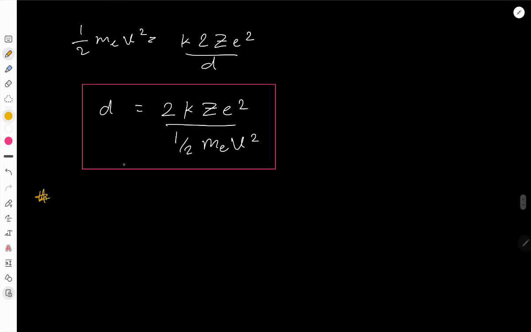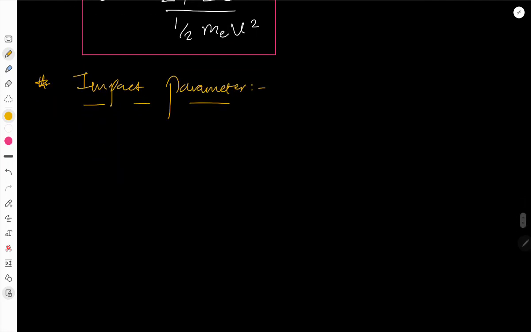Let's go to the next formula, the impact parameter. Now what is an impact parameter?